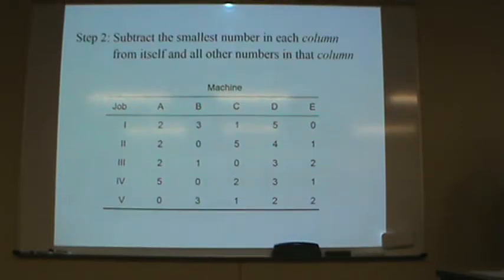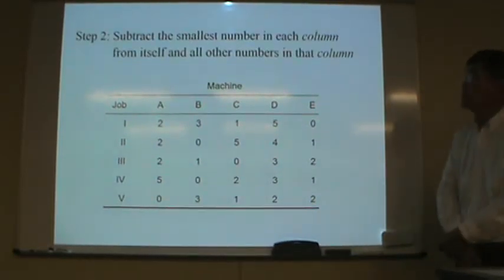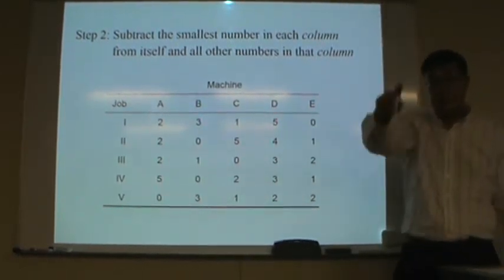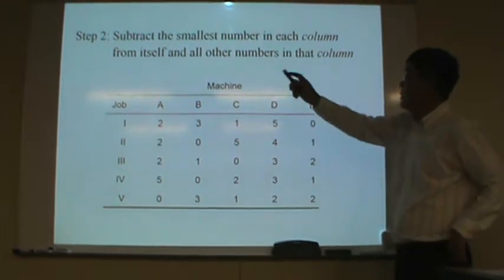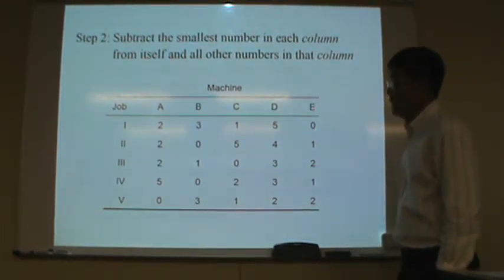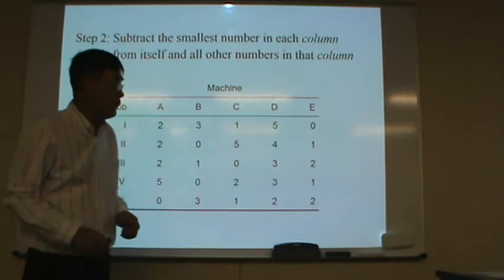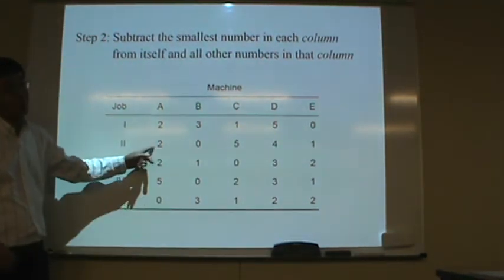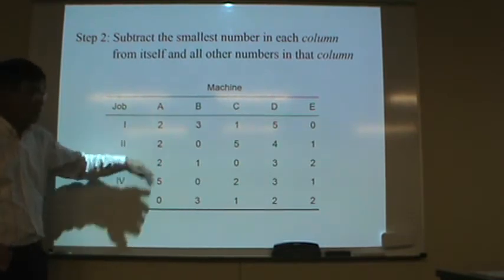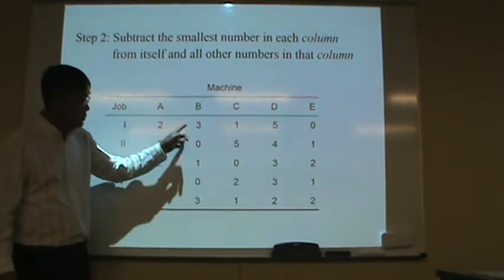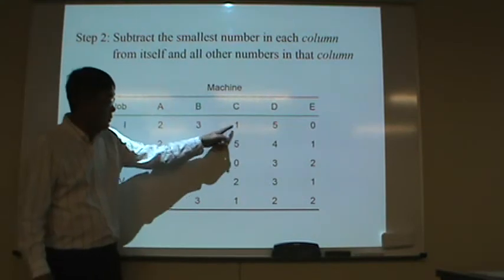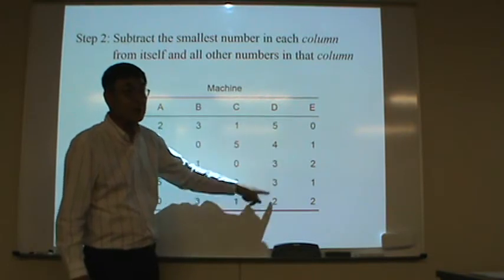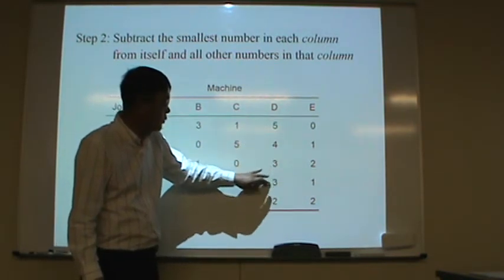Step 2, subtract the smallest number in each column. Column is vertical, right? From itself and all other numbers in that column. First column, smallest is 0, right? 2 minus 0, 2 minus 0, it doesn't change, so it doesn't matter. But here, this column, 5, 4, 3, 3, 2.